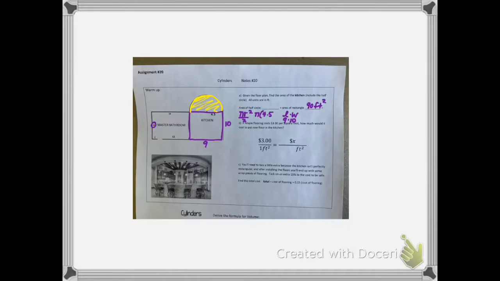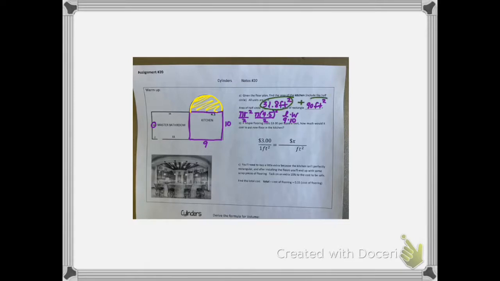So pi times 4.5 times 4.5, and then divide by 2. If I multiply 4.5 times 4.5 times 3.14, divide by 2, I get 31.8 square feet.